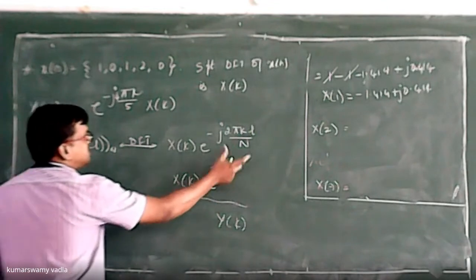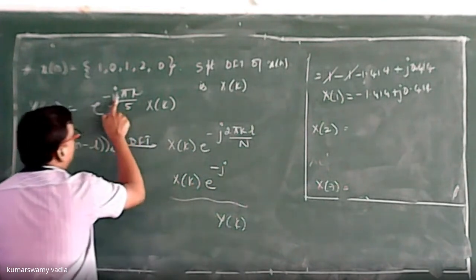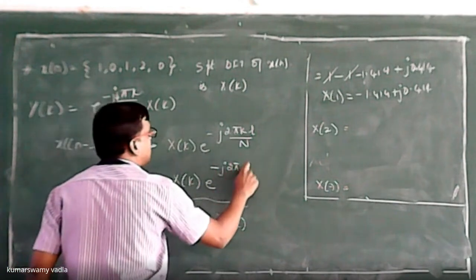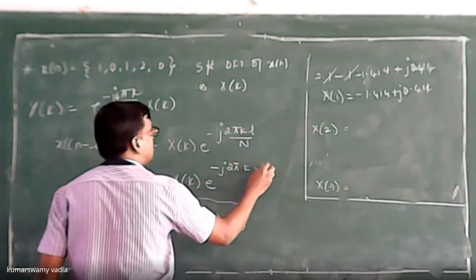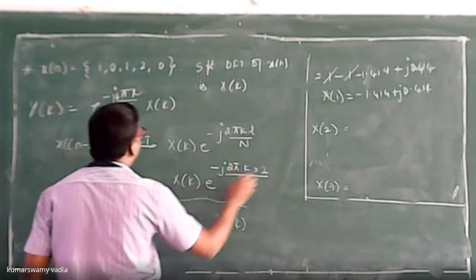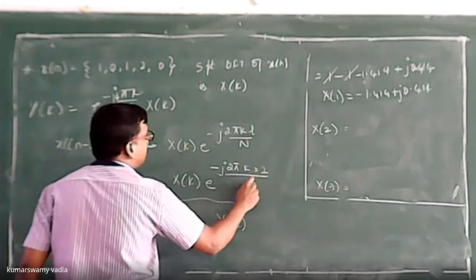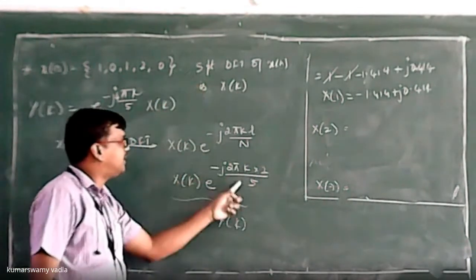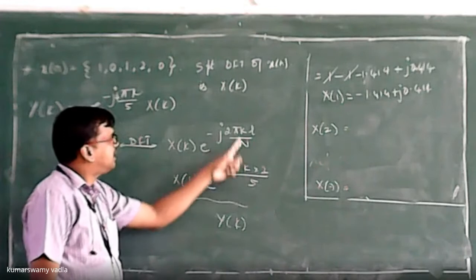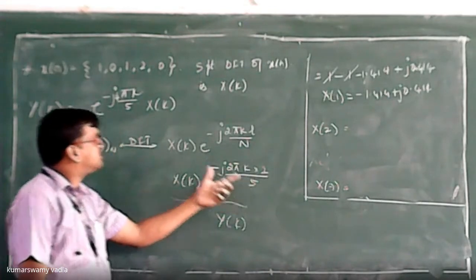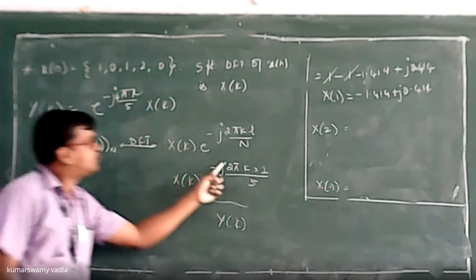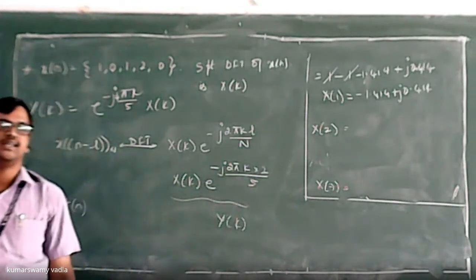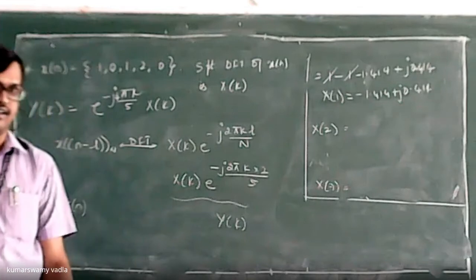I will write 2 pi k into 2 divided by 5, because it is a 5-point DFT, so n is 5. Instead of 4 pi, I wrote 2 pi k into 2 to find the value of L. Is the point of discussion clear, students?